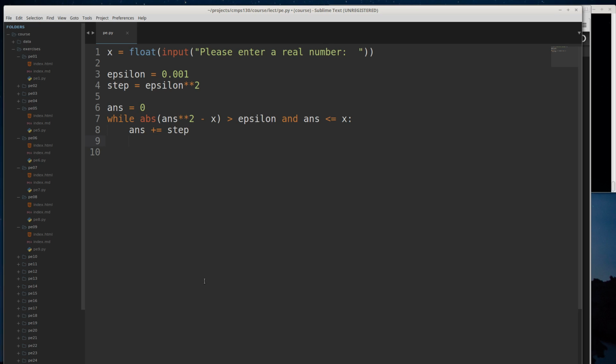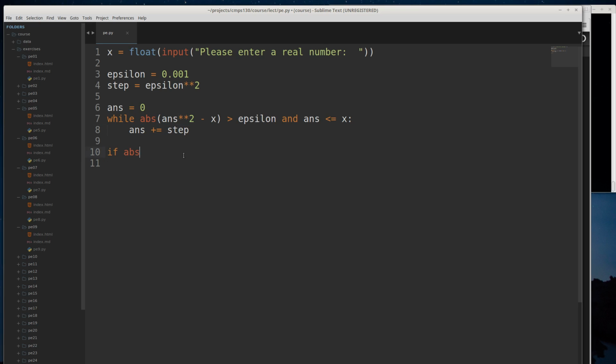So I haven't found the answer yet. And when I'm all done, I have to check, did I actually get the answer? Maybe the last answer that I calculated caused this condition to be false. If that's the case, that means answer squared minus x is less than or equal to epsilon. It means I have a result.